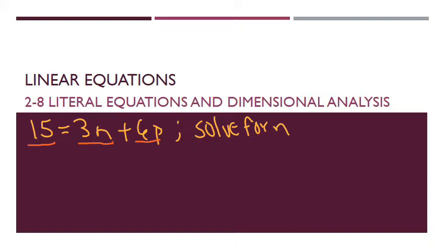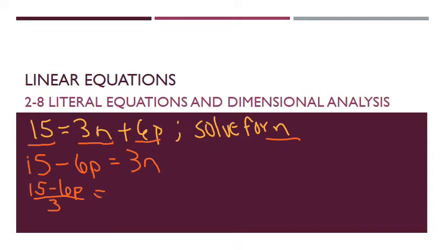So if I've got to solve for n, I can subtract 6p from both sides, and then that would give me 15 minus 6p equals 3n. Now, I want to isolate this n because I'm asked to solve for n, and I can divide both sides of this equation by 3. So we've got 15 minus 6p over 3 equals n.